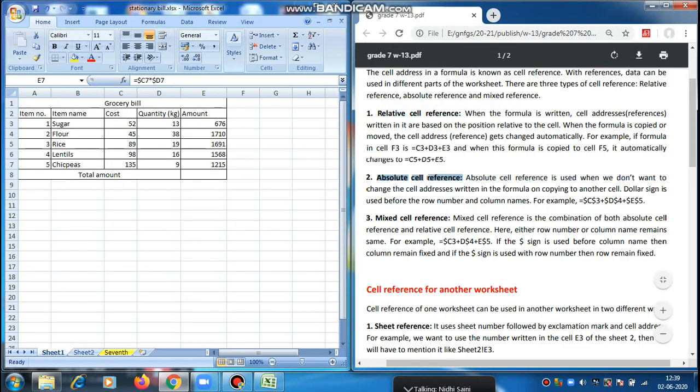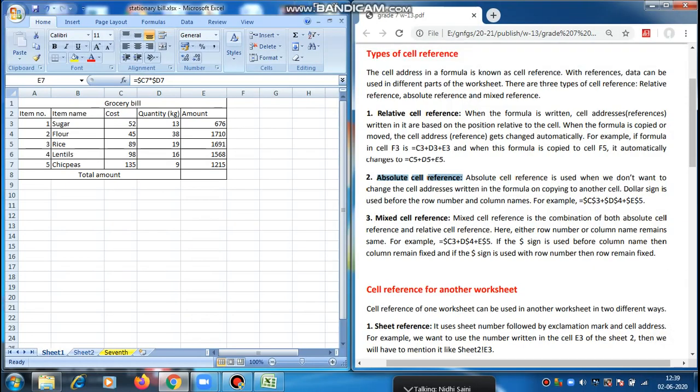Another cell reference is absolute cell reference. Here we are going to fix each and every column and row number in the formula so that whenever we copy the formula, the actual values of the cell reference remain same. But mixed cell reference is a combination of both absolute cell reference and relative cell reference.